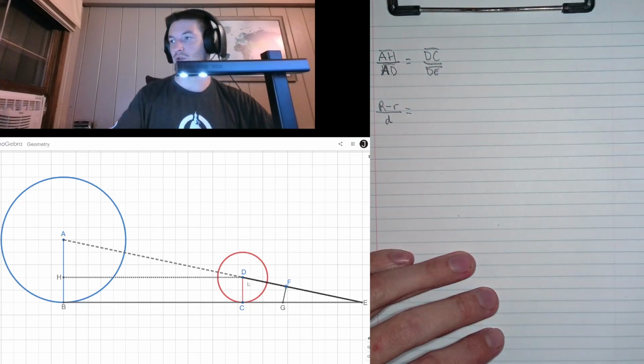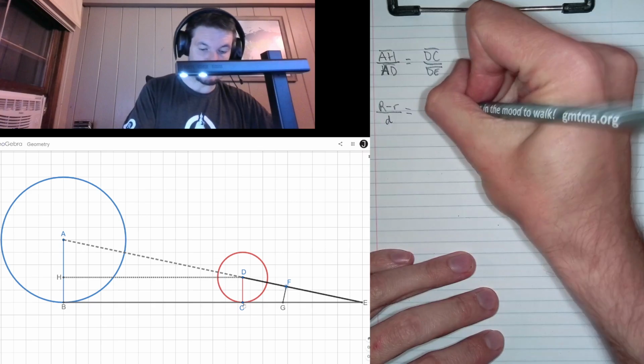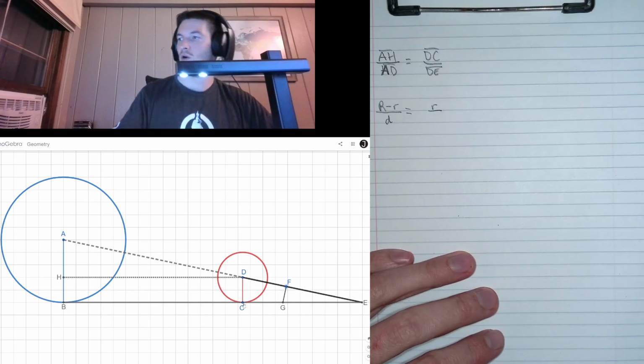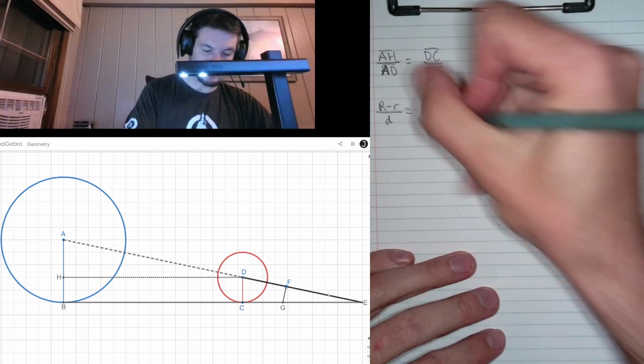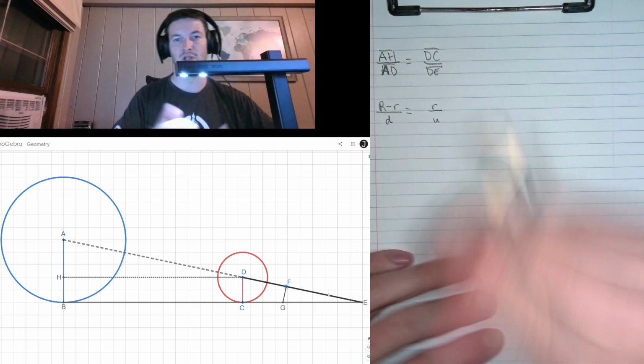That is equal to DC, and DC is simply the smaller radius, over this unknown length, DE, which we're going to call U for the umbral length.